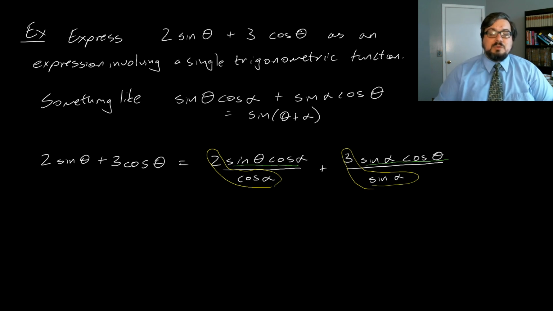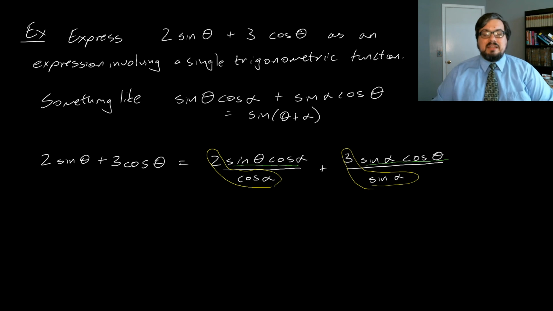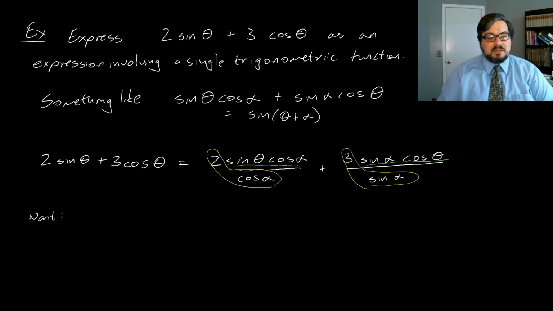What I want to do now is to find a way to basically take those two terms, those two yellow terms, and factor them out. Now, of course, I'm only allowed to do that if they're equal to each other. So what I want is for 2 over cosine alpha to equal 3 over sine alpha.